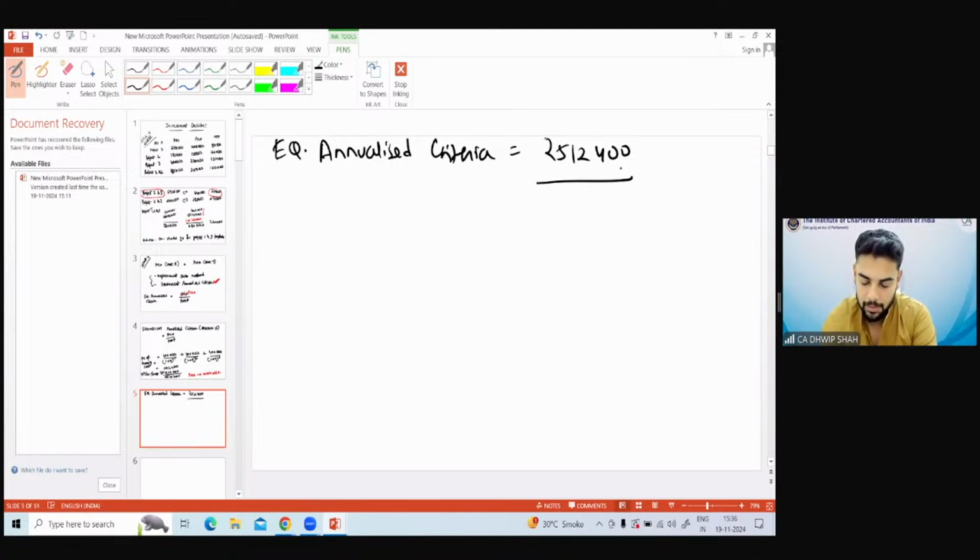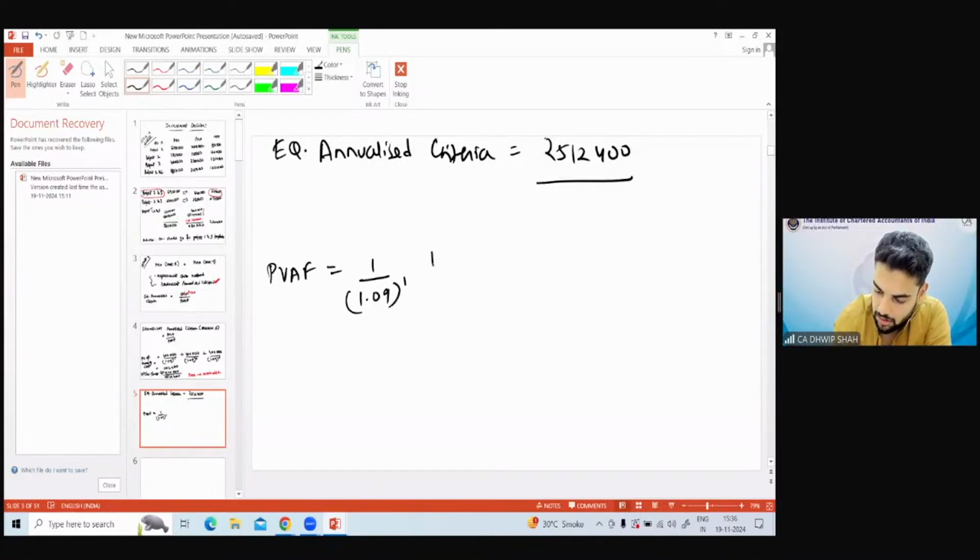How do you find the PVAF factor? It is just the summation of all the discounting factors, meaning 1 divided by 1.09, plus 1 divided by 1.09 raised to 2, plus 1 divided by 1.09 raised to 3.